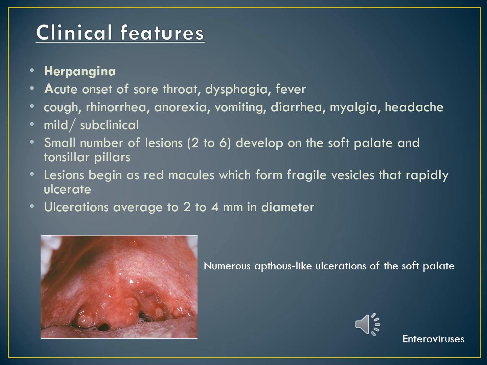Most cases are mild or subclinical. A small number of lesions, 2 to 6, develop on the soft palate and tonsillar pillars in the oral cavity. Lesions begin as red macules which form fragile vesicles that rapidly ulcerate, and ulcerations average 2 to 4 mm in diameter. Systemic symptoms resolve within a few days and ulcerations take 7 to 10 days to heal.